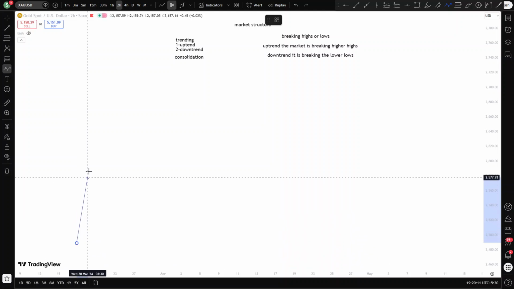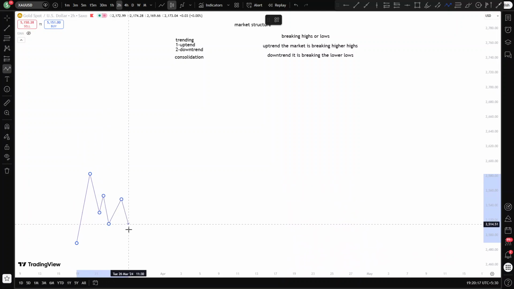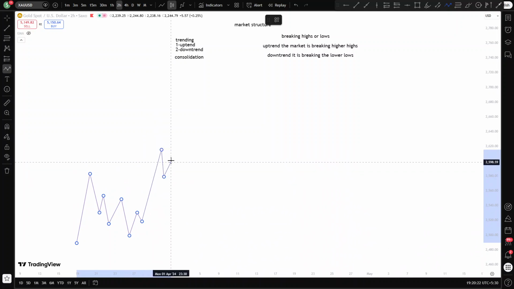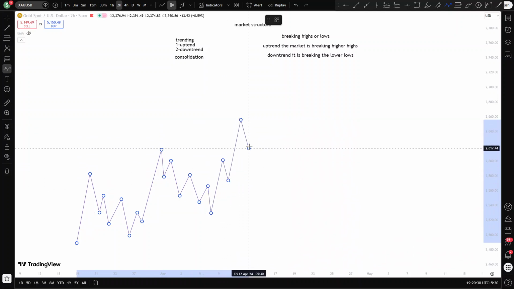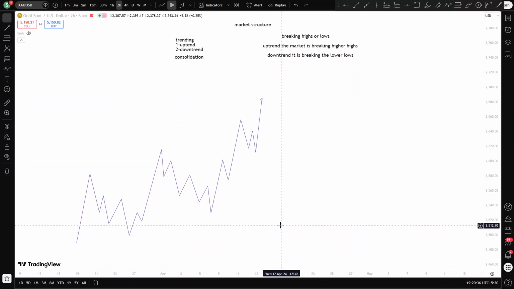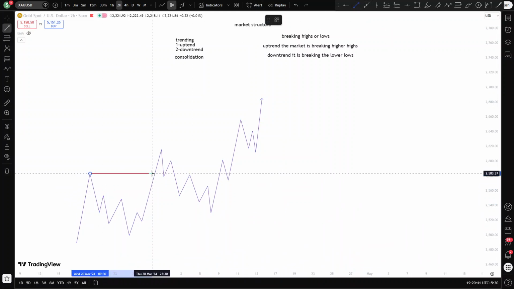It gives you a pullback like this, then a breakout, then a pullback, a push, a breakout, a push. This is how the market moves. When you open the chart, this is what you are going to be seeing.